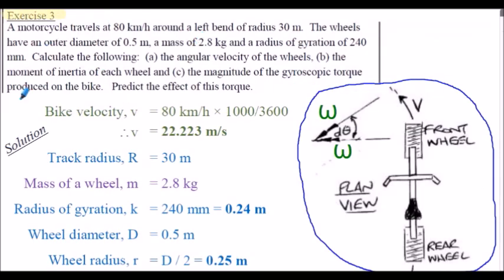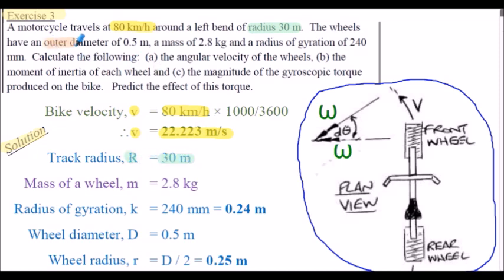Exercise 3, solution here. Extracting information from the question, the linear velocity given in the question is 80 kilometers an hour. That's converted straight away into meters per second, so that's 22.2 recurring meters per second. The radius of the track is 30 meters, so track radius R here, 30 meters.